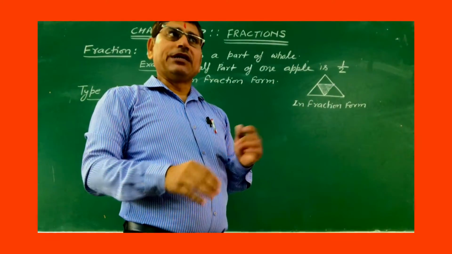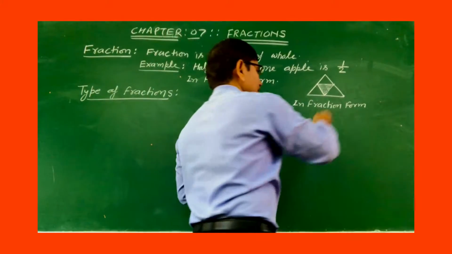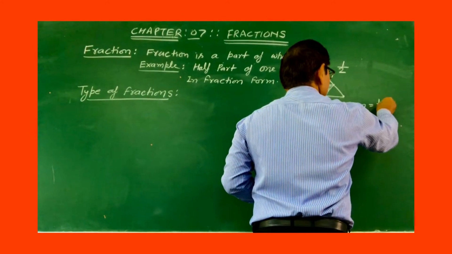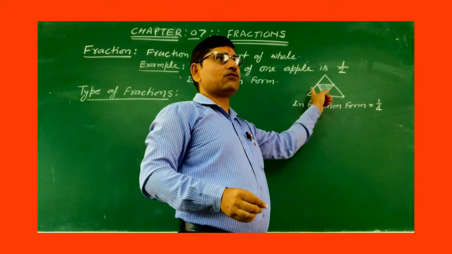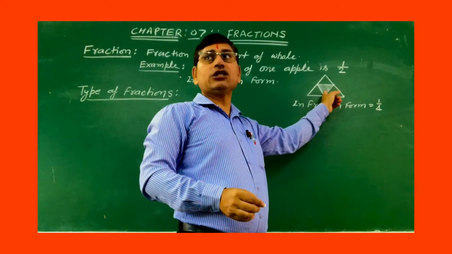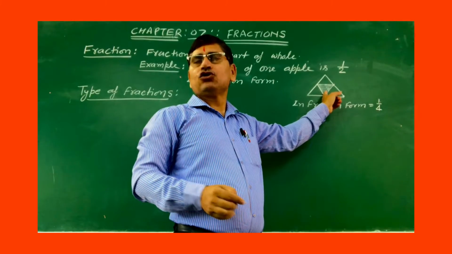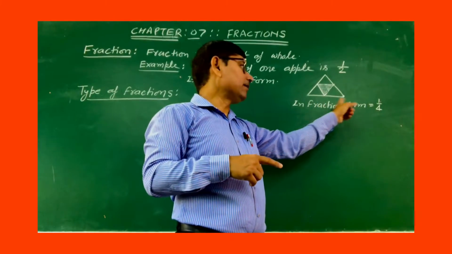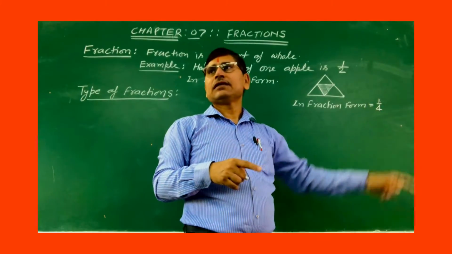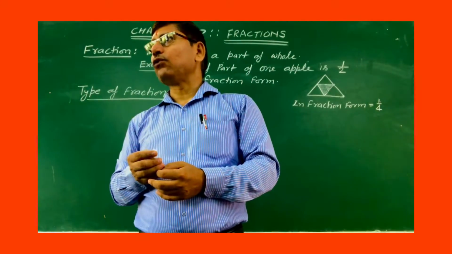Why? Because there are total 4 equal parts, 1, 2, 3, 4, and this one part is shaded. So you represent this shaded portion in fraction form, that is 1 by 4.